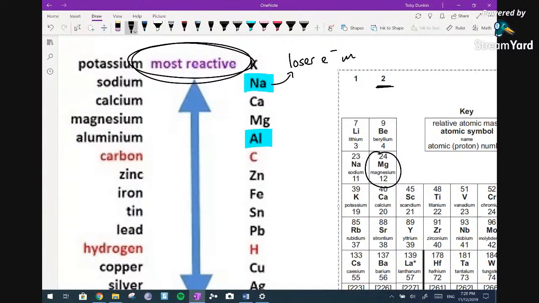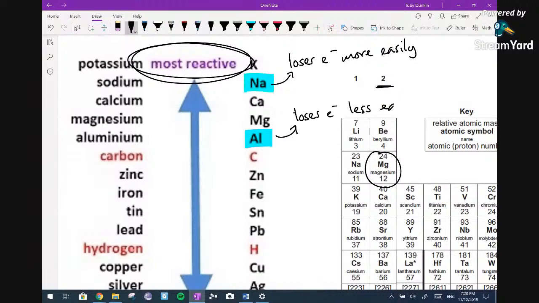Loses more easily is the way I want to teach that. Sodium loses electrons more easily compared to aluminium, and aluminium loses electrons less easily compared to sodium.